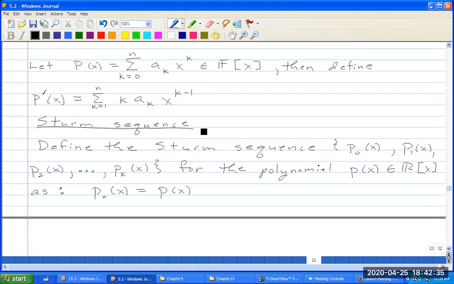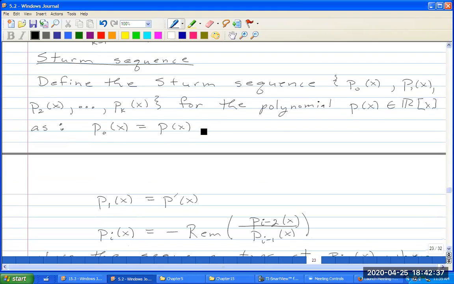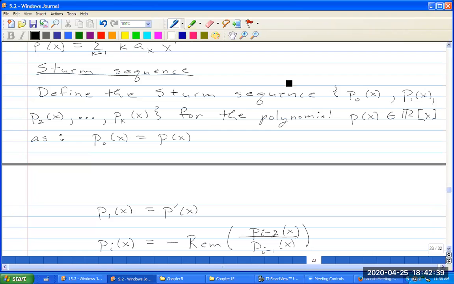So we will define the Sturm sequence, p sub 0 of x, p sub 1 of x, p sub 2 of x, and so on up to p sub k of x, for the polynomial p of x with real coefficients.